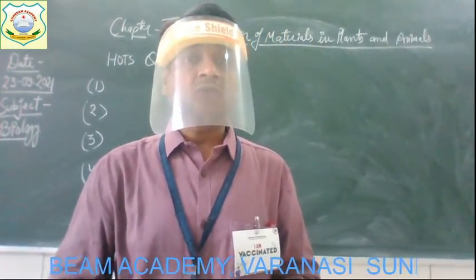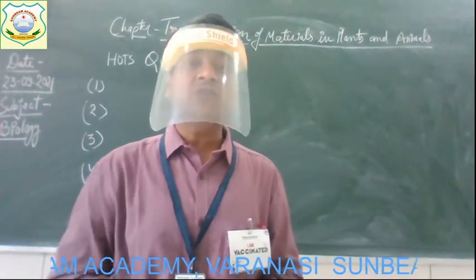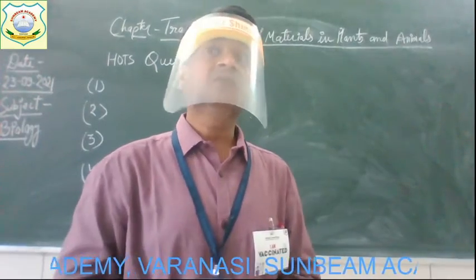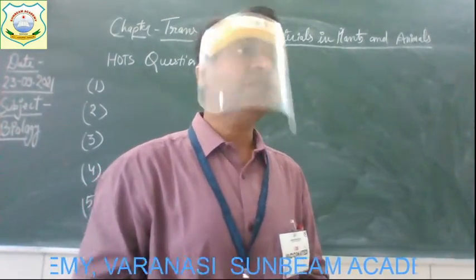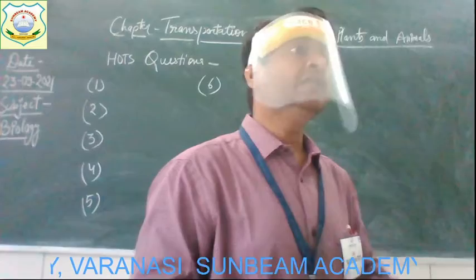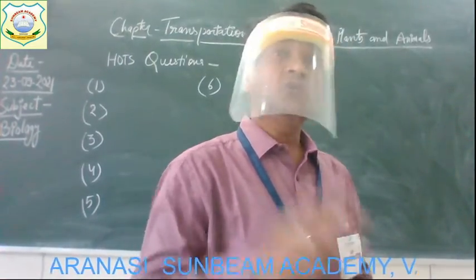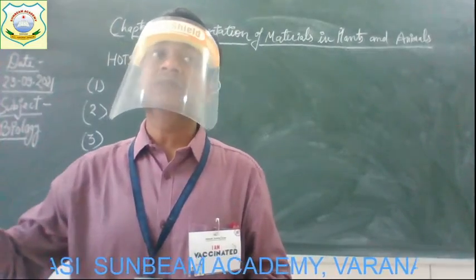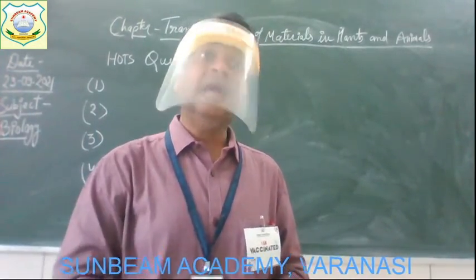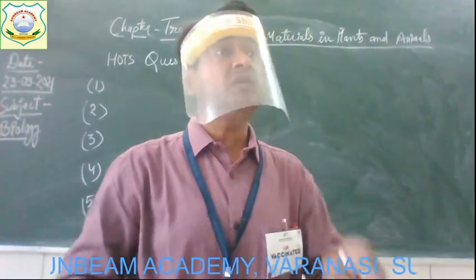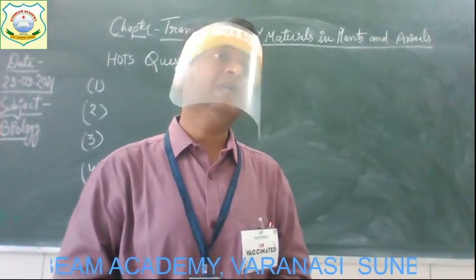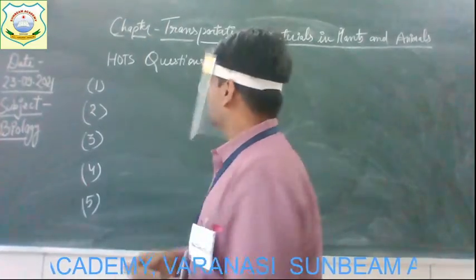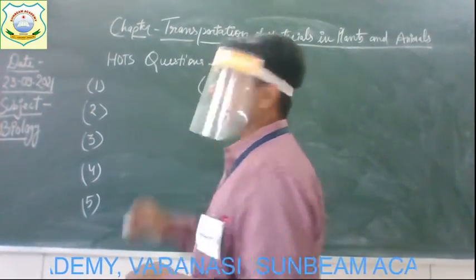So this food is taken by the body by the process of what? Digestion, which is a part of nutrition. So these two are different processes. Removal of metabolic waste is known as excretion, and removal of undigested food is part of nutrition. Alright, everyone.